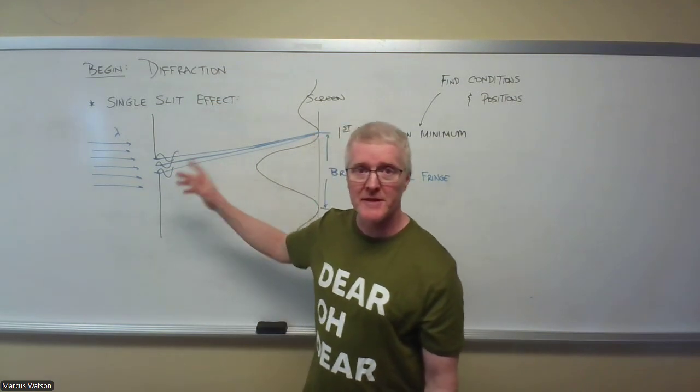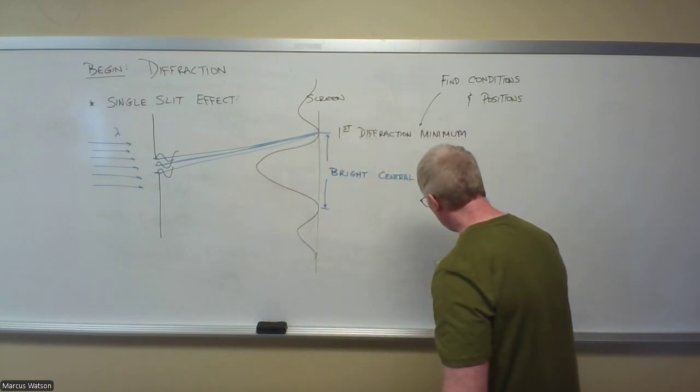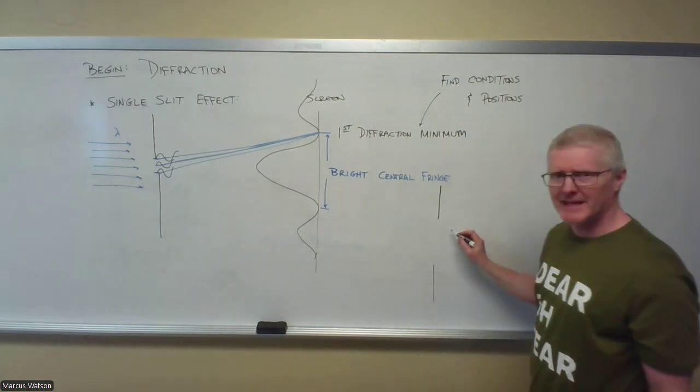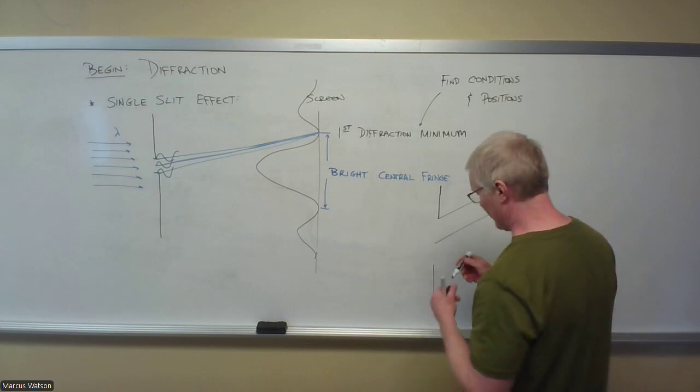In order to get a better look at this, I'm going to redraw it bigger over here. Okay, so here's the slit, and I'm going to look at the wave that comes out from the top here and the wave that comes out from the middle.